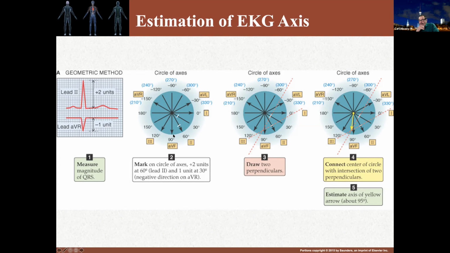The next thing to do is to drop a perpendicular from each of these lines at those tick points. So we drop a perpendicular from AVR, and we kind of do know where they're going to intersect, but imagining we don't, you should make the line sufficiently long that you can get an intersection no matter which direction your other lead is going to be.